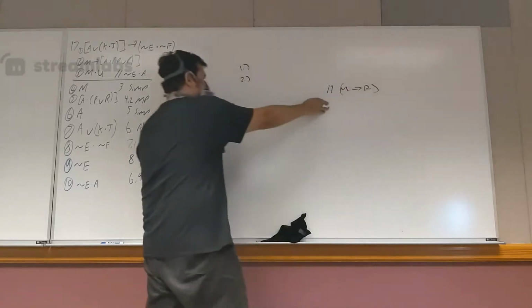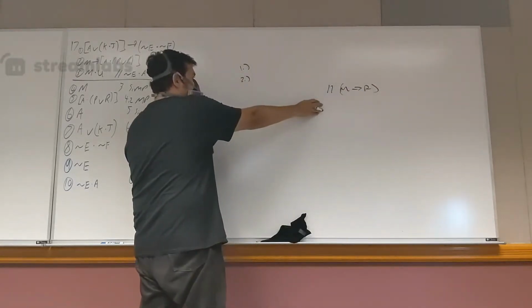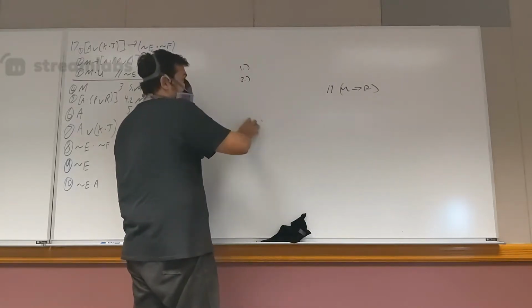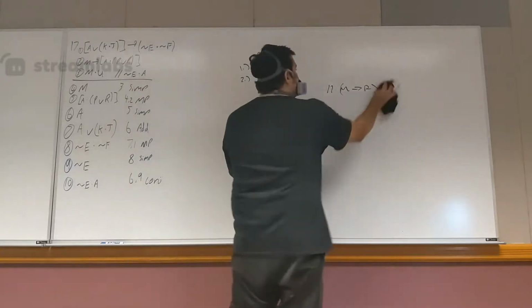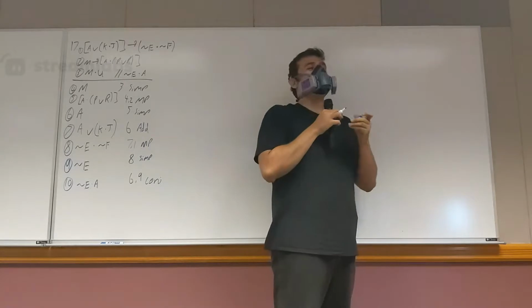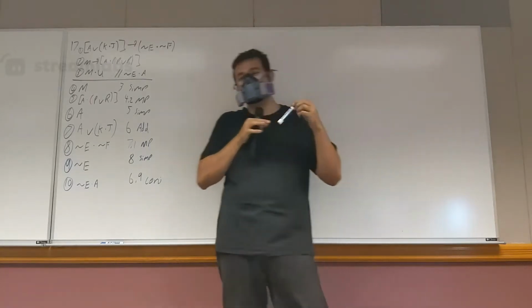Say I have in my conclusion M then R, and I have up here... that's complicated. Okay, there is technically a way you can do it without doing that cheap thing. I'd have to think of a problem to illustrate it. It's hard to do it off the top of my head.